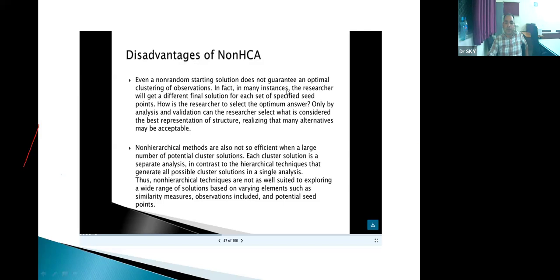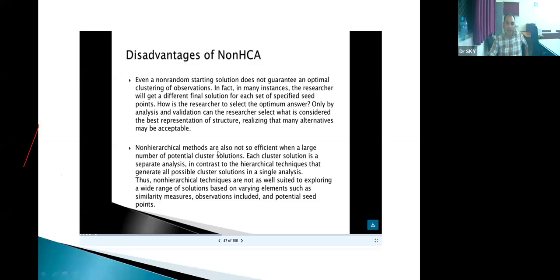In fact, in many instances, the researcher will get a different final solution for each set of specified seed points. If the seed points are not very homogeneous to each other, we will definitely have a different solution for different seed points. So this is a big drawback of non-hierarchical cluster analysis.